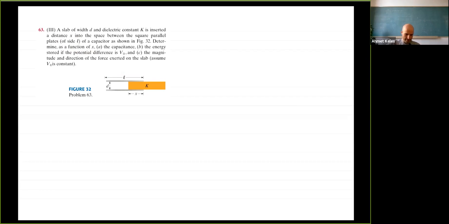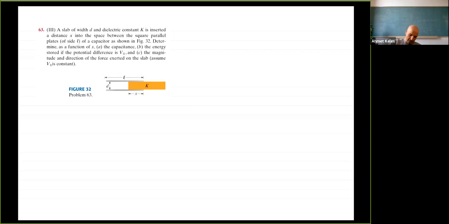Okay. So I think I can think of this thing as two capacitors. One is this guy, the other is this guy, and they are connected in parallel. And parallel capacitors are wonderful things because we just sum them up.